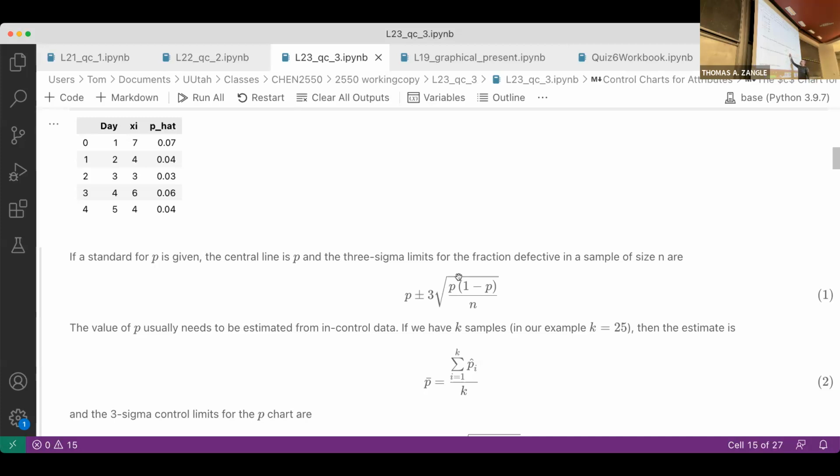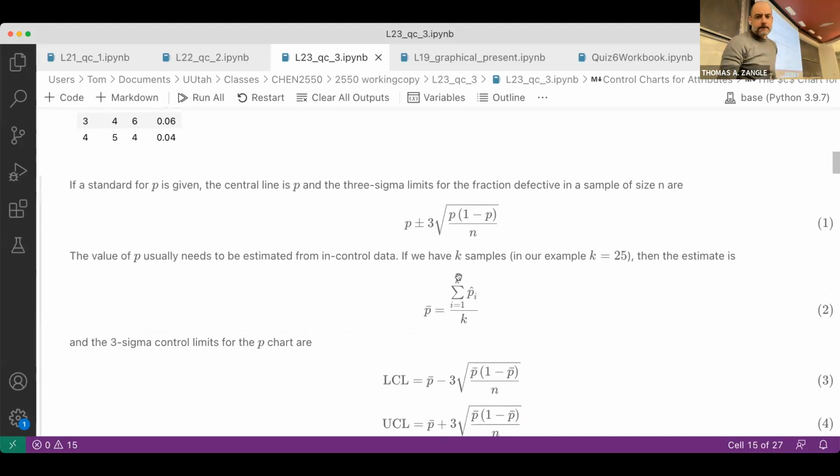Okay, so these are now our upper and lower control limits for our 3 sigma chart based on P. Again, we need to know the overall proportion of successes or failures, in this case failures. We're going to do that by computing the mean of all of the individual failure proportions.